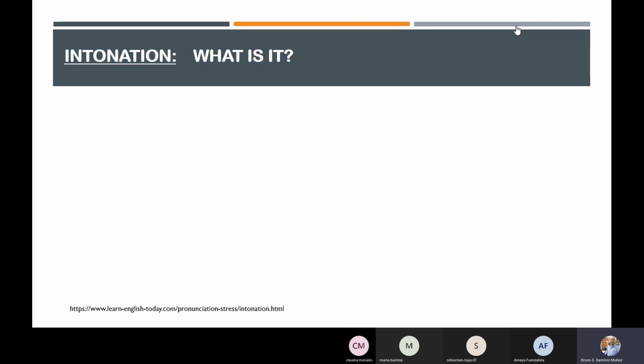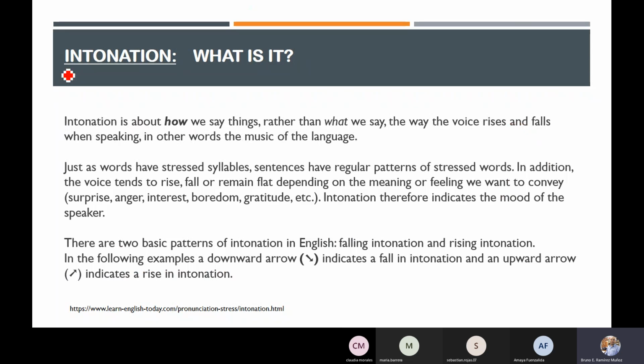Now, requests, specifically requests that are polite, would always have a rising intonation. Can you pass me the salt, please? Can you close the window? All right. So intonation is how we say things, the music of the language.